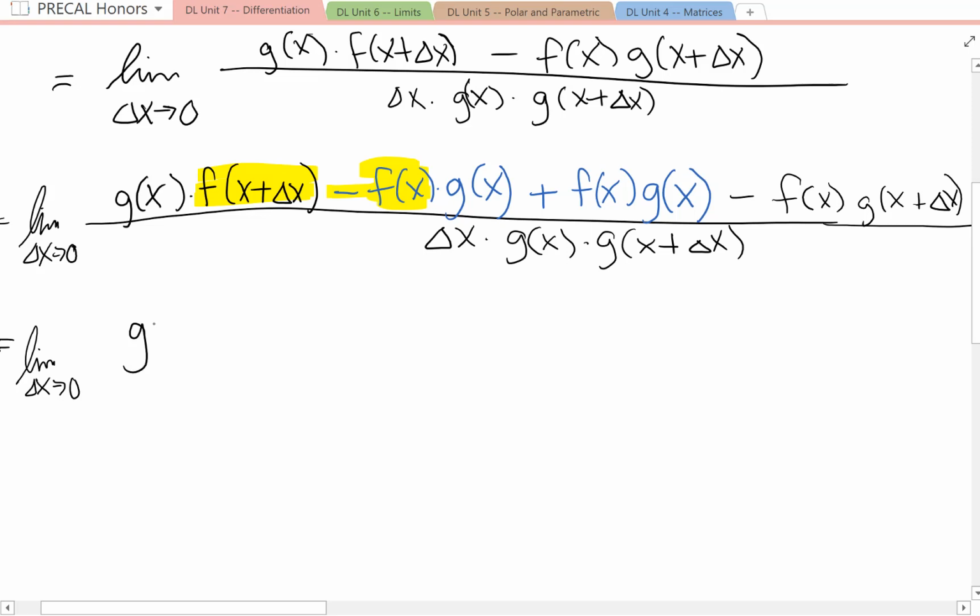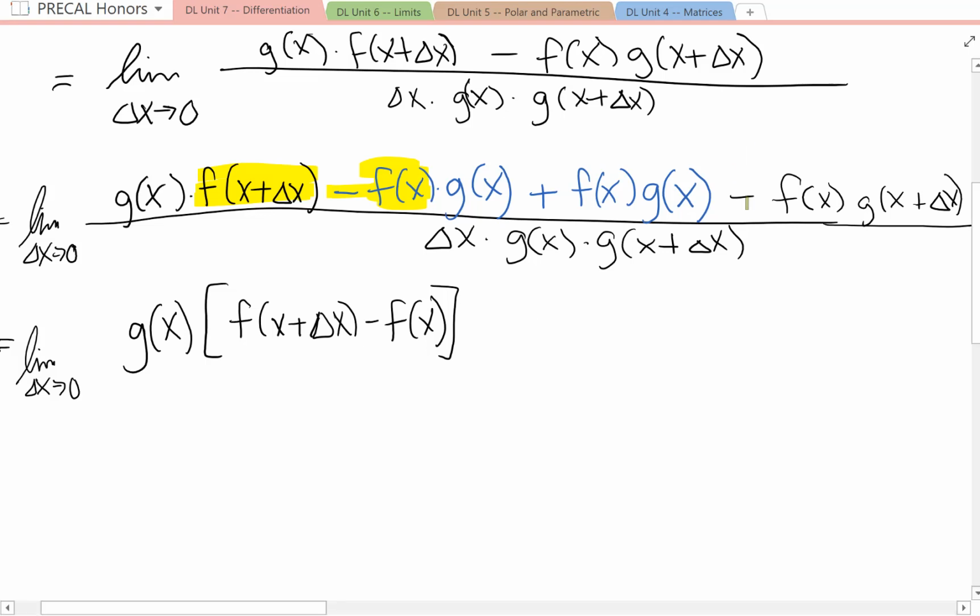So let's factor out the g of x, and you have f of x plus delta x minus f of x. Okay, that is the numerator for the limit definition of the derivative of f.